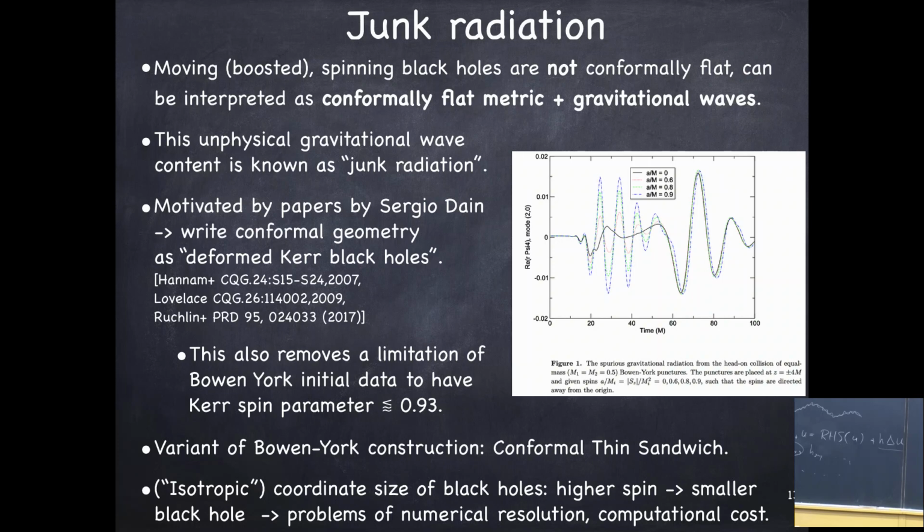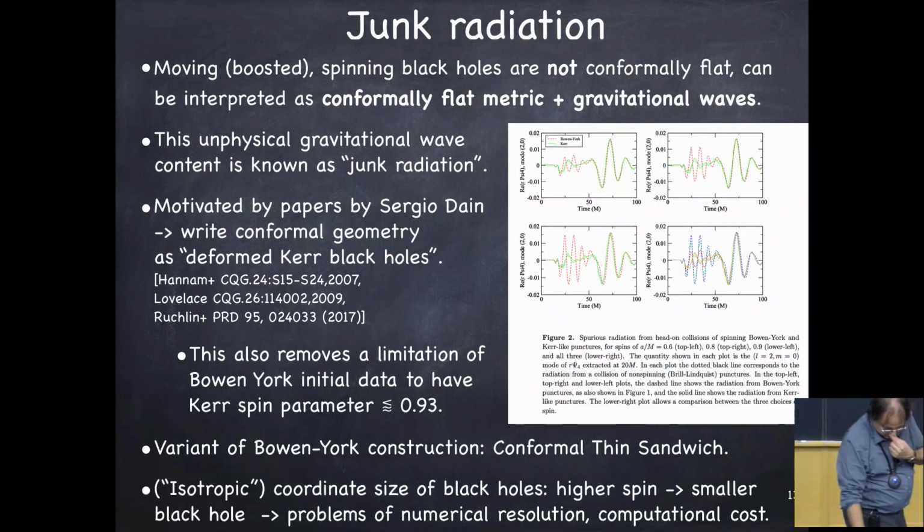One of the most important physical details is that the Bowen-York construction doesn't allow you to get spins larger than this. There's just no solution. So if you want really large spins, then you have to do this kind of construction. And also, what makes the evolution hard is what Rodrigo told you yesterday, that if the spin is higher, the black hole is smaller. So basically you need a lot more resolution, which is always expensive.